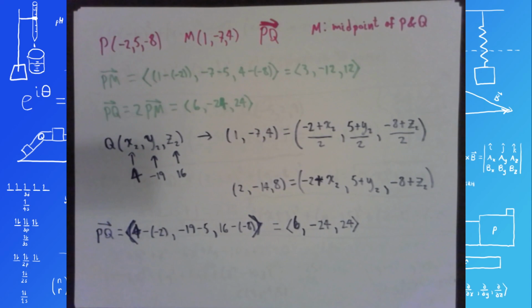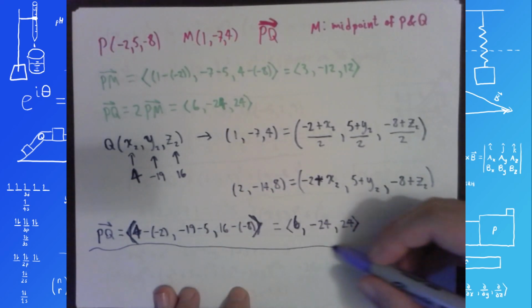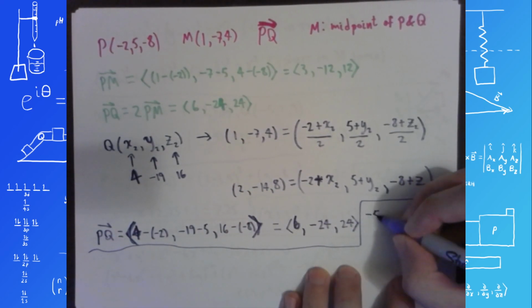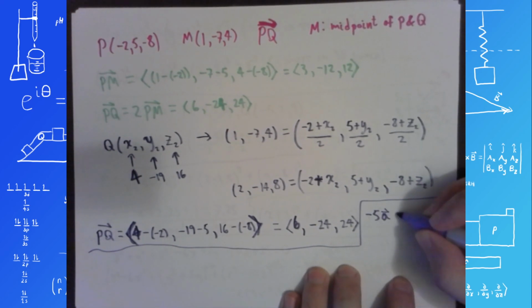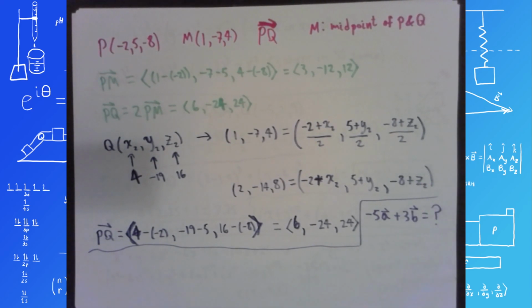I think I'll do just the negative 5A plus 3B, since that's the hardest one. I'll pick two of them: the second one and the fourth one.